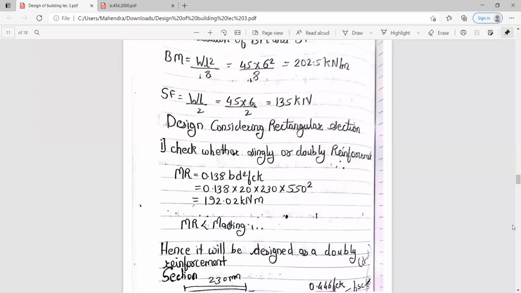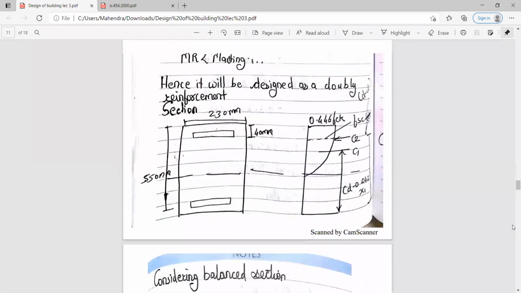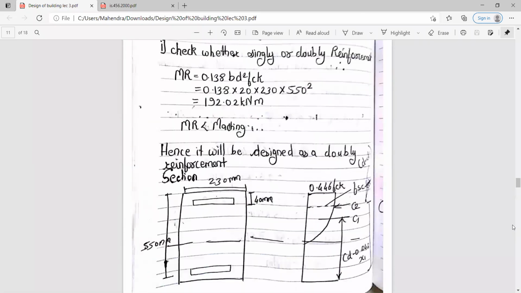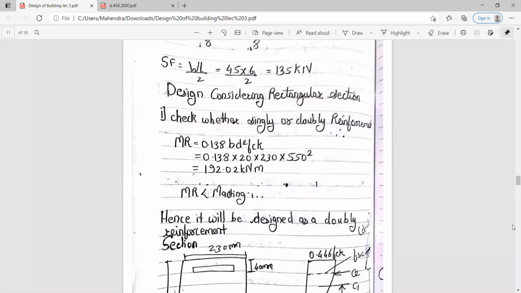Then we shall proceed further. We are going to design for the doubly reinforced section.